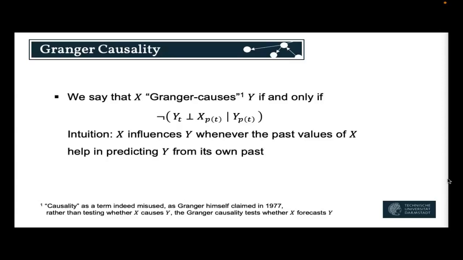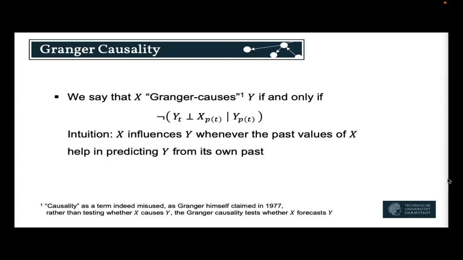This is not Pearl causality, and it doesn't match any of these achievements that we've had with confounding, identification, interventions, and all these things. Actually, you see this footnote. Granger himself later, after winning the Nobel Prize, and after there were discussions, admitted to this and said that Granger causality really just tests whether X is forecasting Y.